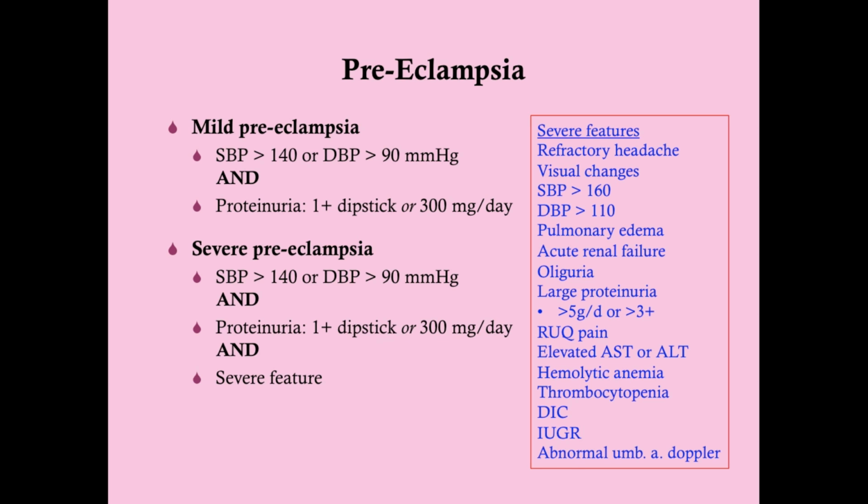You're going to have an elevated PT-PTT. IUGR, you would see on your sono. You should always be getting anatomy scans on all women at 20 weeks. And then if she's diagnosed with preeclampsia, then you should be getting additional sonograms to look for intrauterine growth retardation. And then if there's an abnormal umbilical artery Doppler, remember that's that velocimetry.